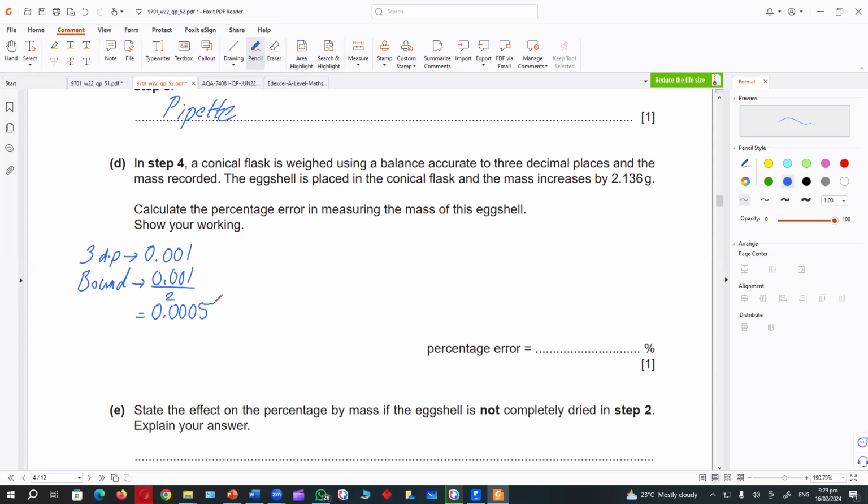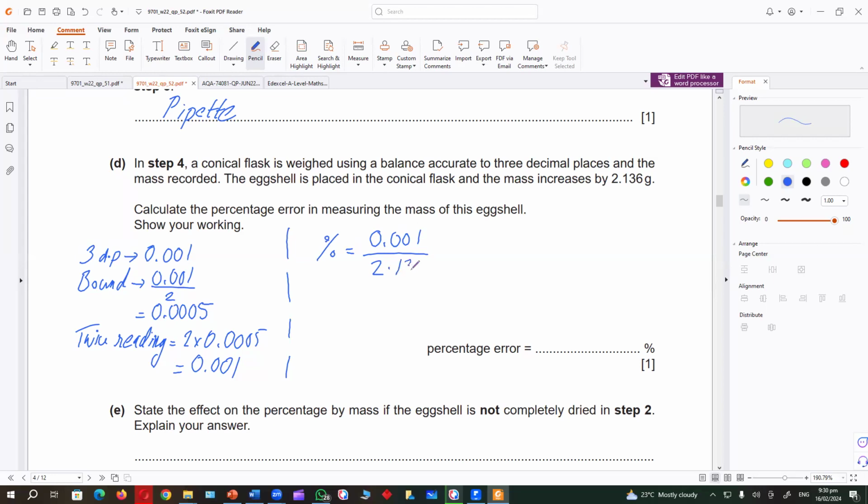We found the upper lower bound, and then we take the two readings, so we multiply by 2. We have 2.136. 0.0468.